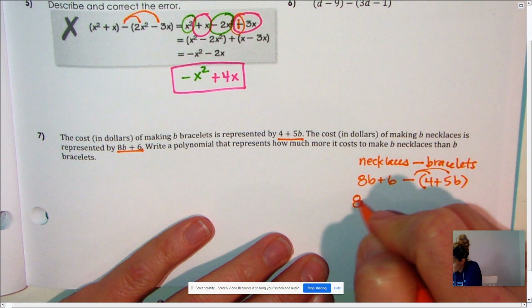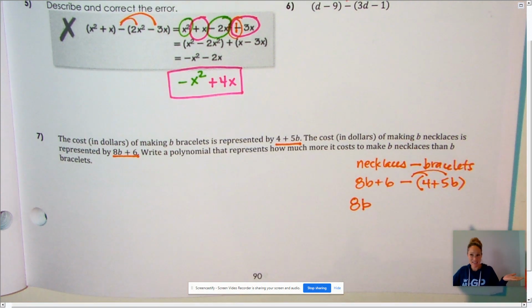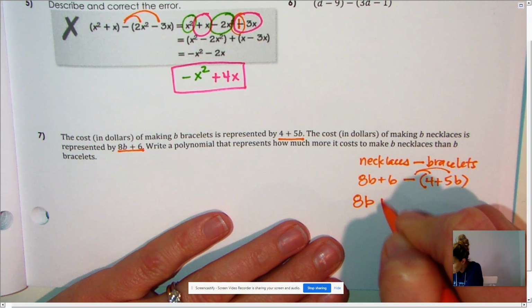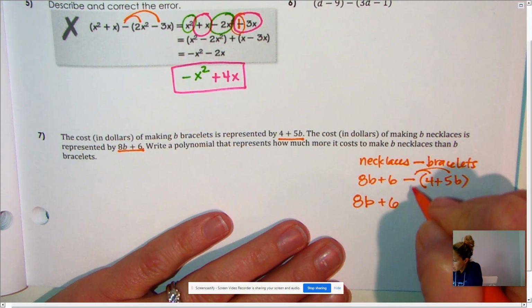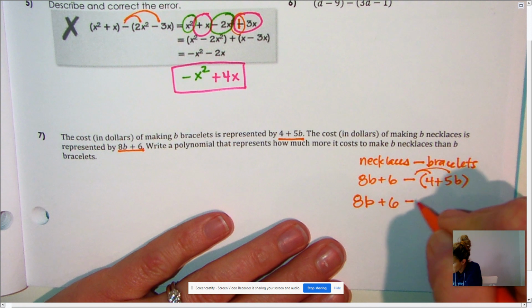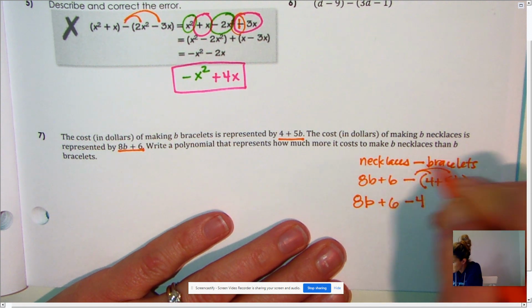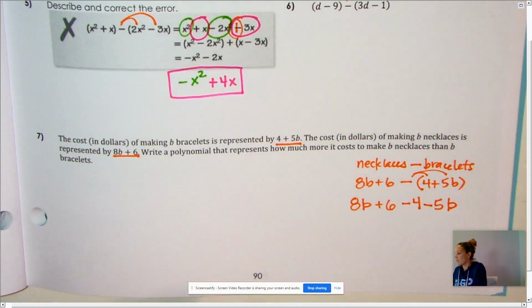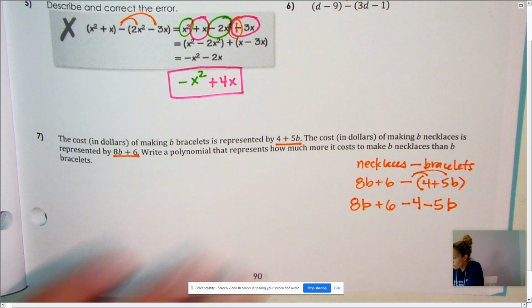So I'm going to write 8b. I hate it when there's b's and 6's in a problem together. So I'm going to try and make that look like a b plus 6. And then the negative to the 4 is going to be negative 4. And then negative times positive 5b is going to be minus 5b. And so we're going to combine like terms here. So I'm going to start with the b's.